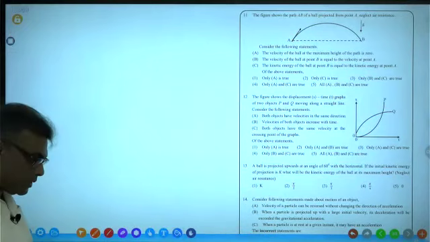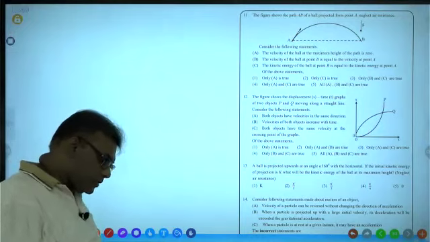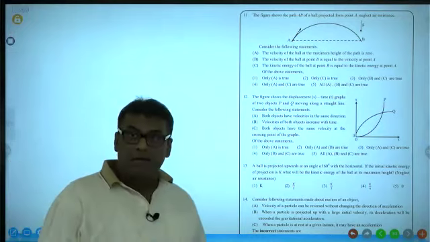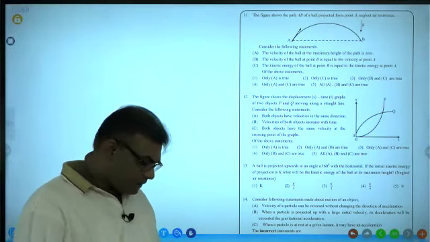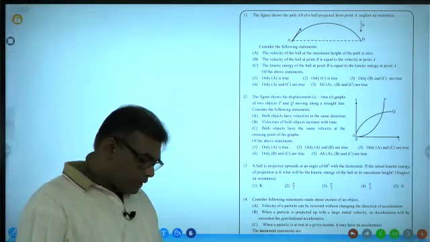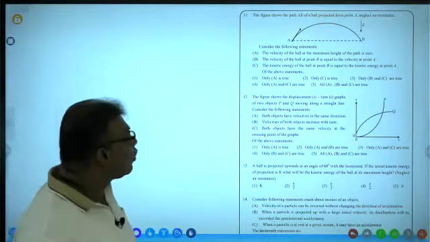Number 11. The figure shows the path AB of a ball projected from the point A. Neglect air resistance. Consider the following statements. A, velocity of the ball at the maximum height of the path is 0.